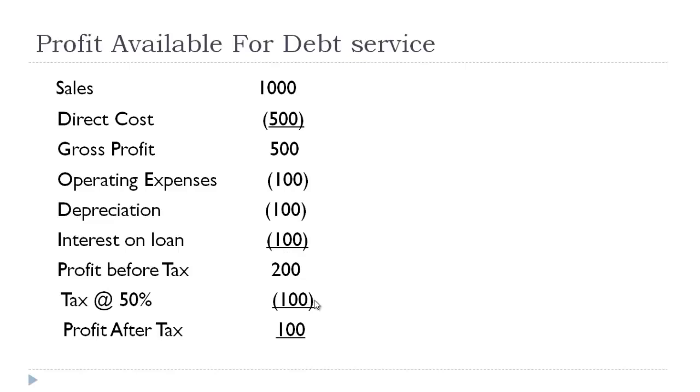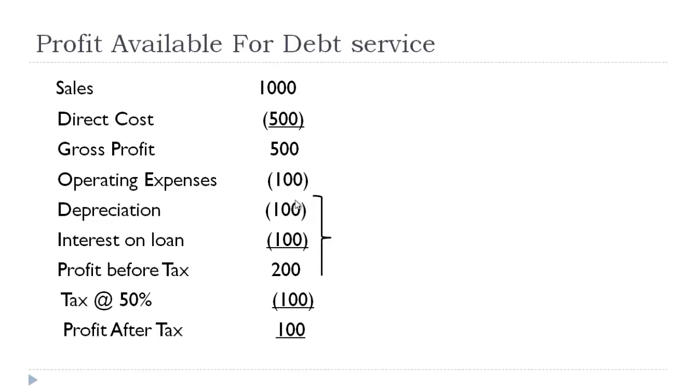So here we have profit before tax of 200, which is after reducing interest on loan and after reducing depreciation. We are concerned about the profit before interest on loan and profit before depreciation, because depreciation is a non-cash item. So we'll calculate what is the profit before depreciation and interest.